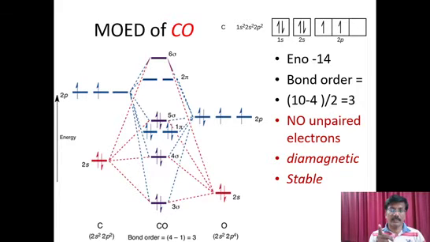Total number of electrons, I have given, is 14. And 10 minus 4 gives 6 by 2, that is nothing but 3. So the bond order is 3. Carbon monoxide has the bond order as 3. And is there any unpaired electron? No, it doesn't have any unpaired electron. Therefore, it is diamagnetic in nature, and it is quite stable. It is clearly known.